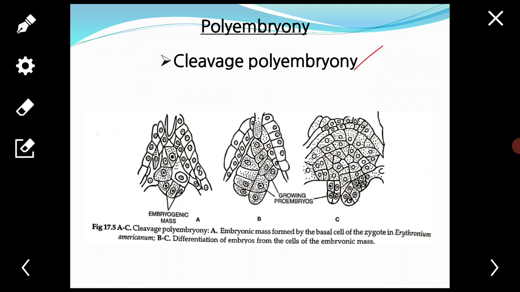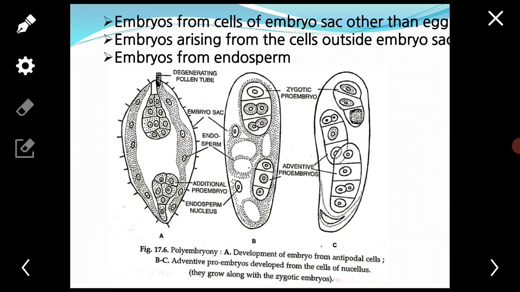Next, that is the embryos from cells of embryo sac other than the egg. In this, the embryo may appear from synergids and antipodal cells in the embryo sac.